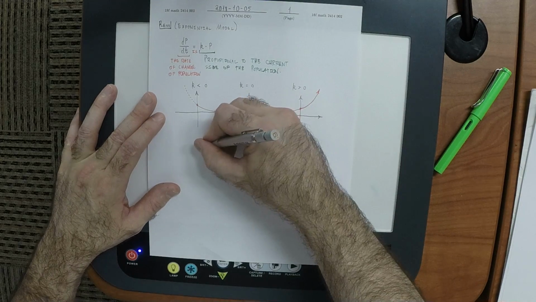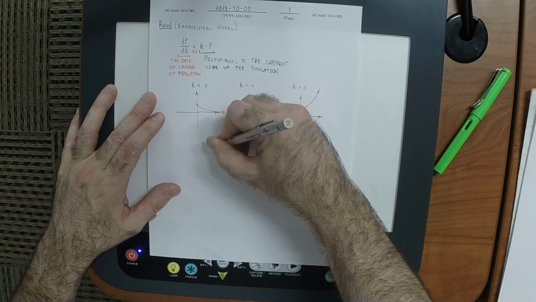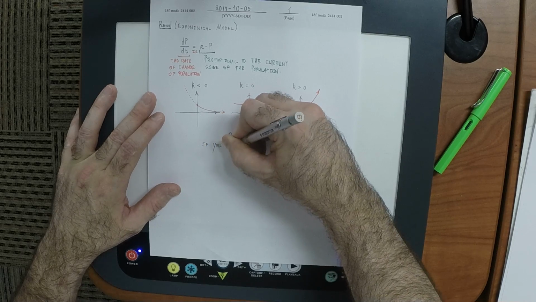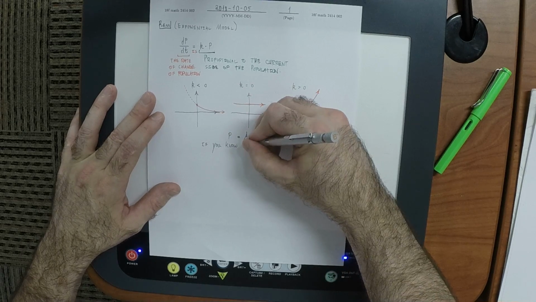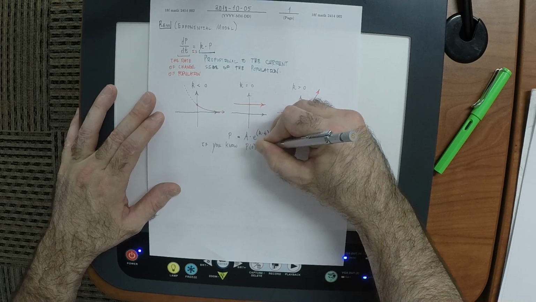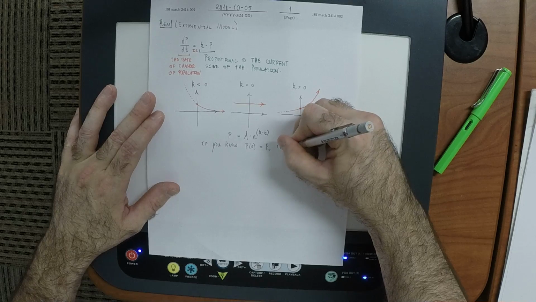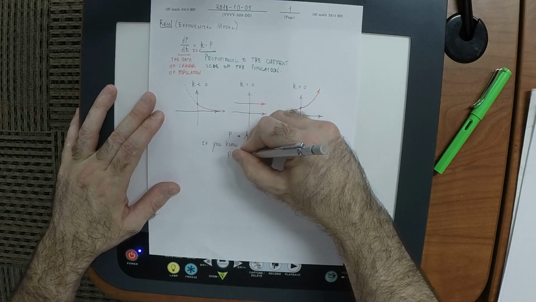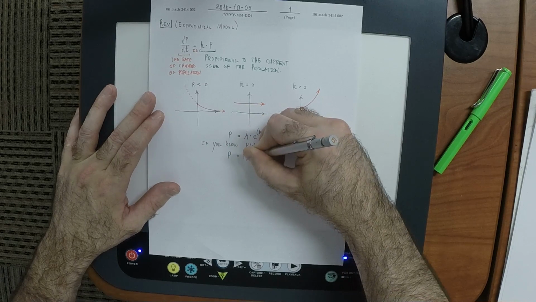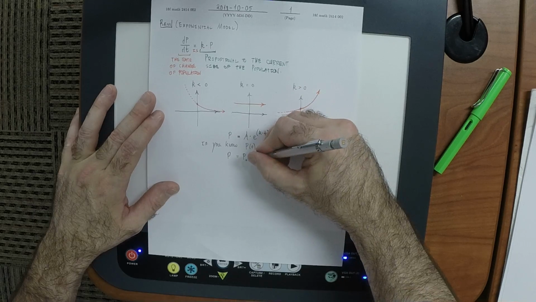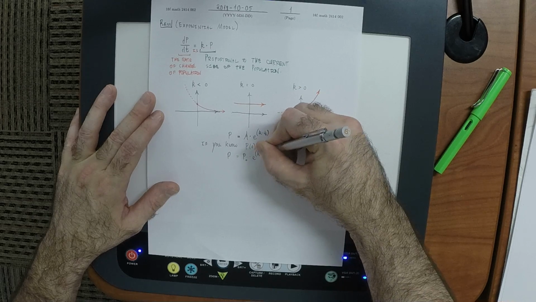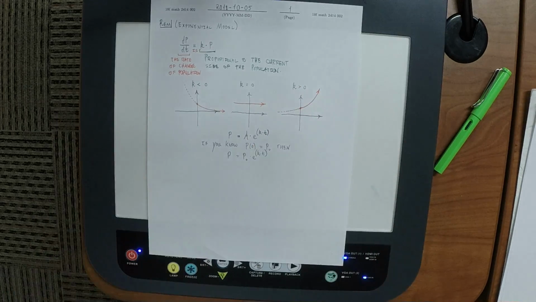So if you know that P evaluated at 0 is P0, then the model is P = P0 e^(kt). All right.